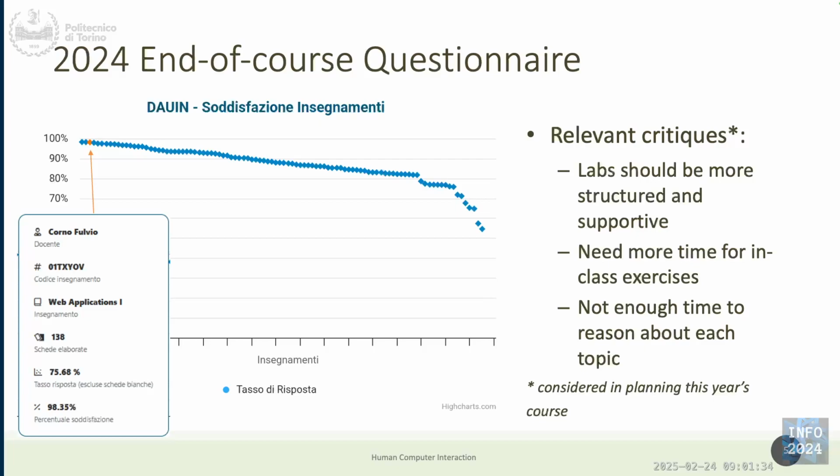Students were not so satisfied about how they were organized, because they were classical: this is the exercise, please sit and work. And this year we are trying to organize them in a more interactive, more engaging fashion for you.